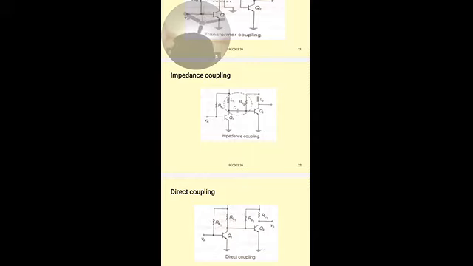If the feedback signal is a voltage, then it is a voltage feedback amplifier. If the feedback signal is a current, then it is called a current feedback amplifier.